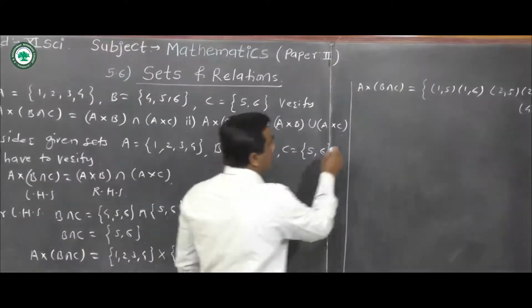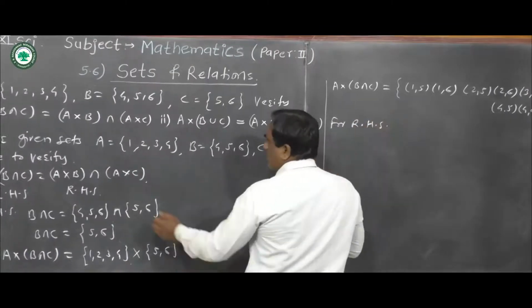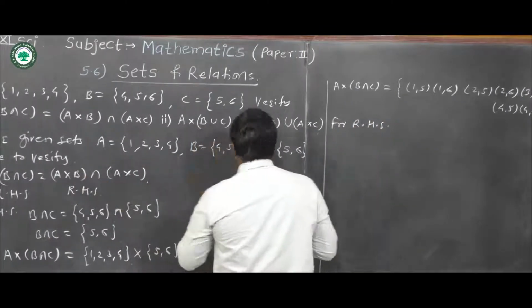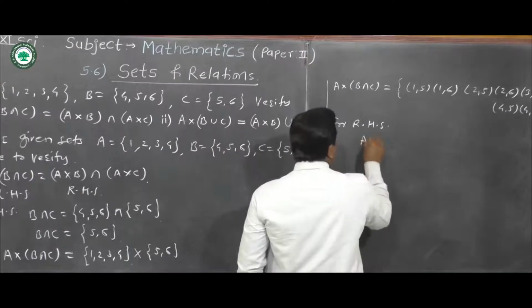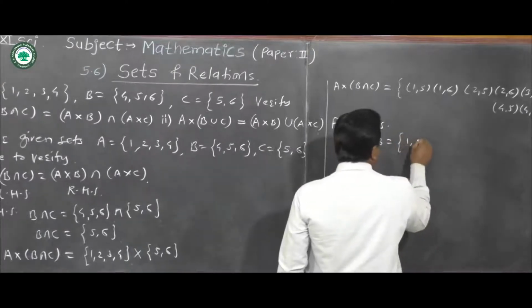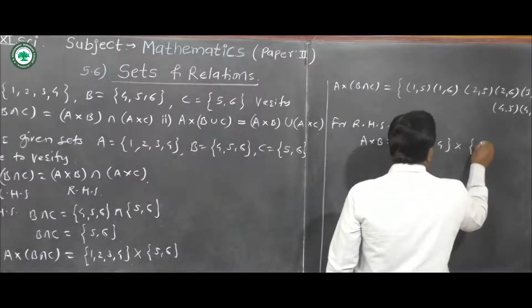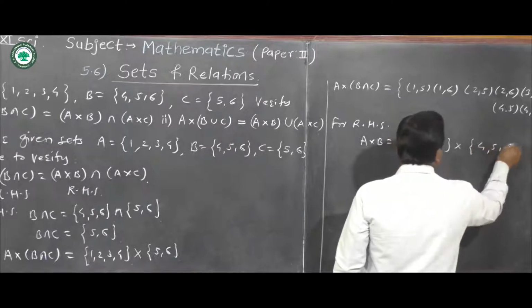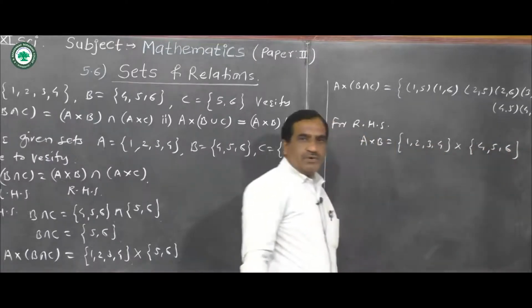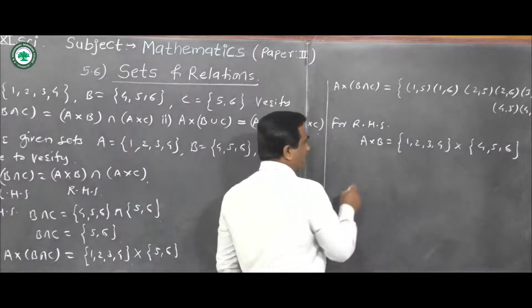Okay. Now we consider RHS. For RHS, first we find A cross B and A cross C. A cross B is equal to set A containing elements 1, 2, 3, 4 cross set B containing elements 4, 5, 6. Okay, we have to write the Cartesian product of these two sets A and B in ordered pair form.